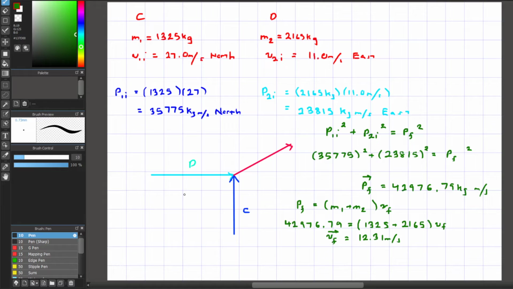Now our answer isn't done yet because since we are solving for final velocity here, it is missing a direction and angle.